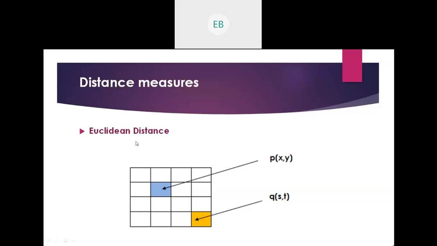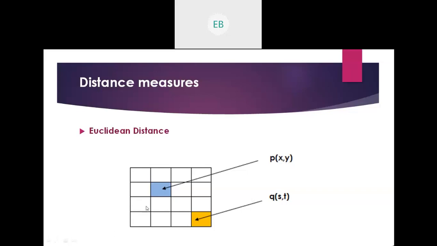So what is Euclidean distance now? Suppose again we have a 4 by 4 image over here, and we have pixels P and Q, where the coordinates for pixel P are x comma y and the coordinates for pixel Q are s comma t respectively. We know x is the row number and y is the column number.